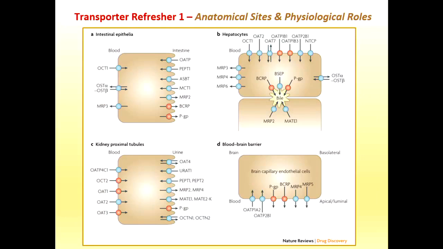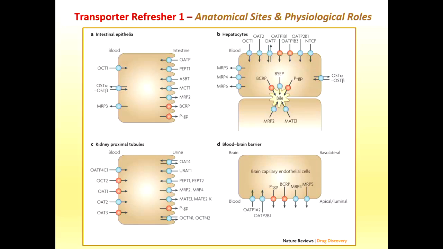Okay, so we introduced the importance of transporters way back in first semester, and I'm sure you've probably forgotten all that, but just remember that there are these very important proteins that function like molecular turnstiles to help drugs move across cellular membrane barriers. They're important in the gut epithelium, kidney tubules, blood-brain barrier, but the one we're focusing on in this lecture is the hepatocytes.